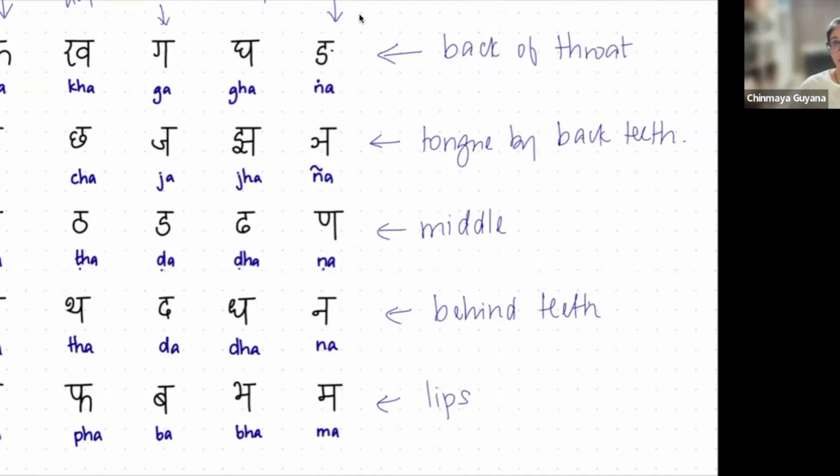Ga, ka, ga, ga, nga. Ja, cha, ja, cha, nya. Da, ta, da, da, na. Da, tha, da, dha, na.